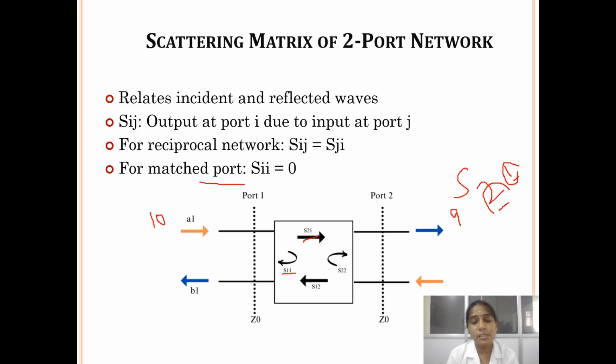Likewise, if you transmit the 10 decibel signal at port 2, you will have the same 9 decibel signal in port 1. So if you interchange the input port and output port, the value of the output will not vary. Those networks are called reciprocal networks, meaning that Sij is equal to Sji.